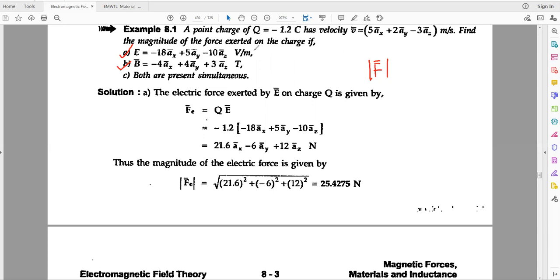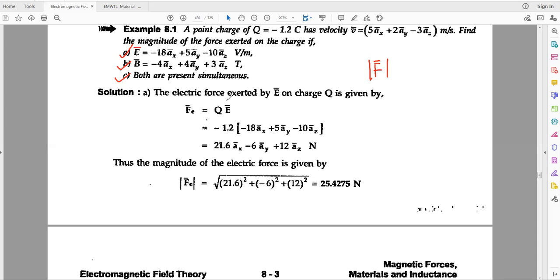So individually you have to find the force when the electric field E bar is given in the Cartesian coordinate system, and then B bar, the magnetic flux. The third one is when both are present simultaneously.